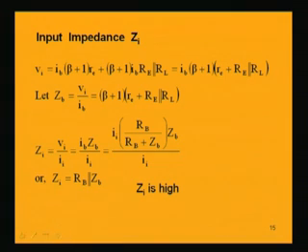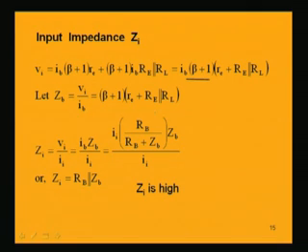So, Zb is Vi by Ib. Again, Vi is (beta plus 1) into (re plus capital Re parallel capital Rl), because Vi is this whole thing divided by Ib, Ib cancels. So, this will be remaining.